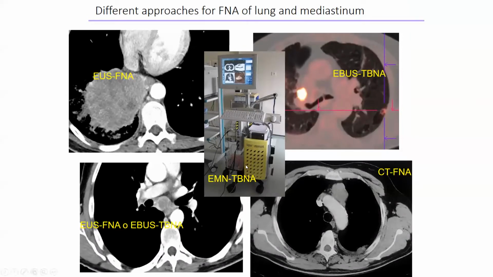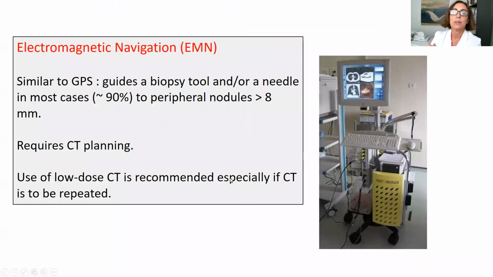Let me give you just a few words about this approach, electromagnetic navigation, because I think it's not widely used in many centers so far, at least. What is this? This technique is similar to the GPS of our cars, and this system guides a biopsy tool or a needle, most frequently a needle, to peripheral nodules, but these nodules have to be at least 8 millimeters inside.